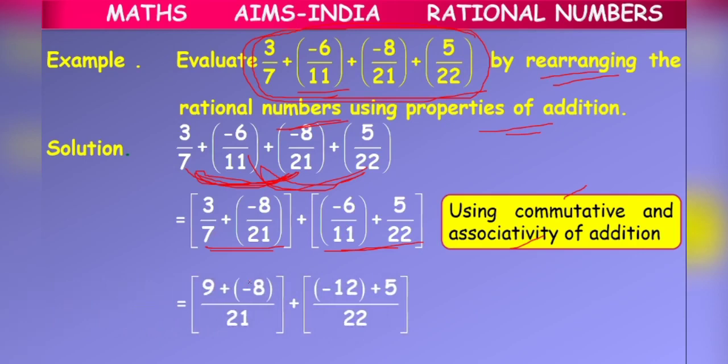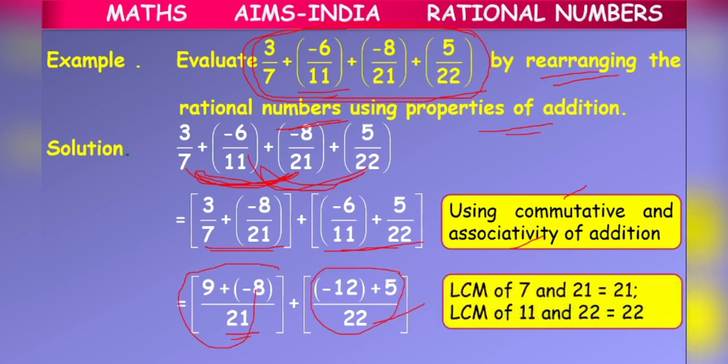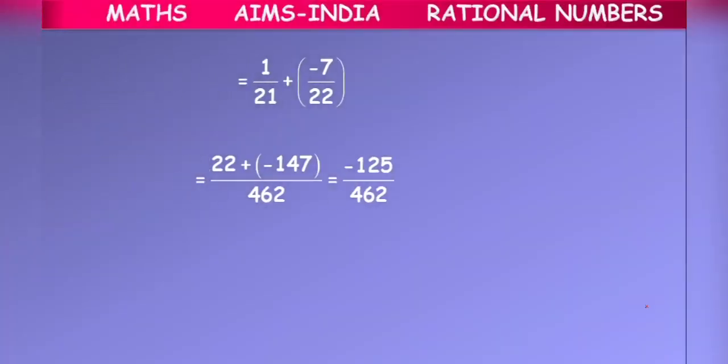Next, 7 and 21, what is the LCM? 21. 7 3s are 21, 3 3s are 9, minus 8. We can simplify like this. 11 and 22, LCM is 22. After simplification, what will we get? 1 by 21 minus 7 by 22.